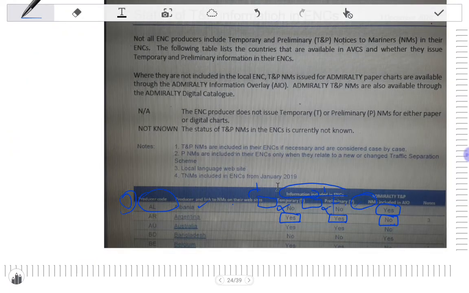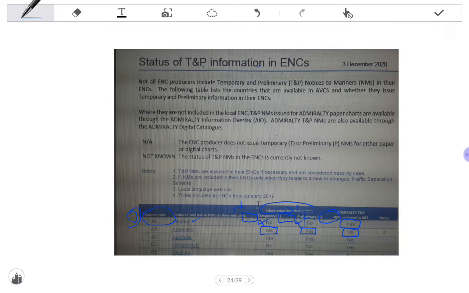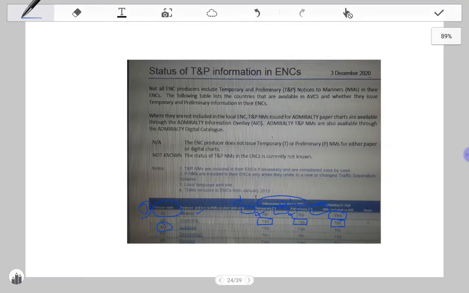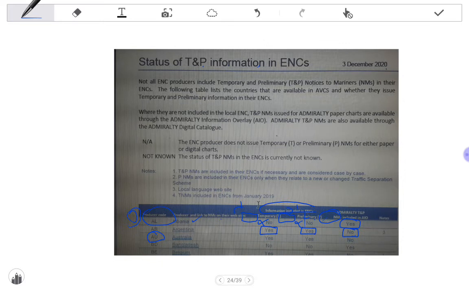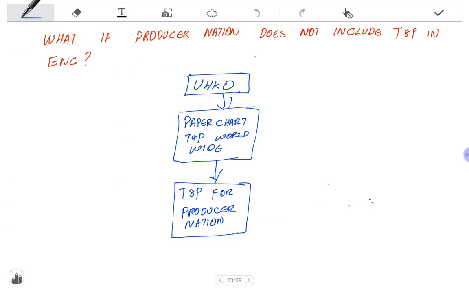That is how we can find out, from the product code only, whether an ENC is updated with the latest TNP notices or whether we have to check the AIO information. So what if a producer nation does not include TNP in the ENC?